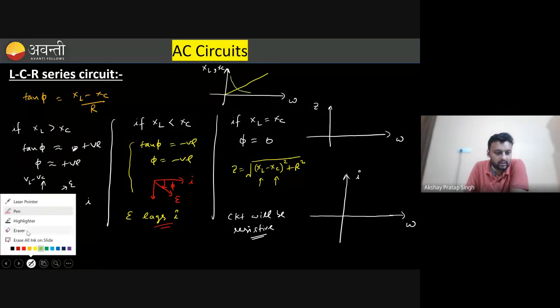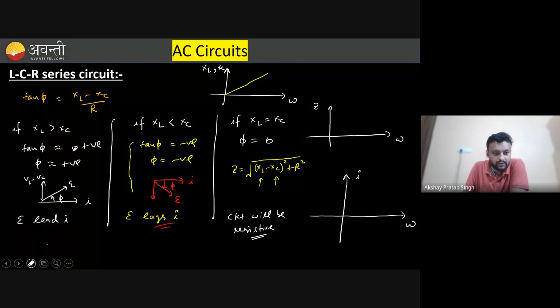This was the graph for XC. Green one is for XC, yellow one is for XL. Now, can you see the difference?